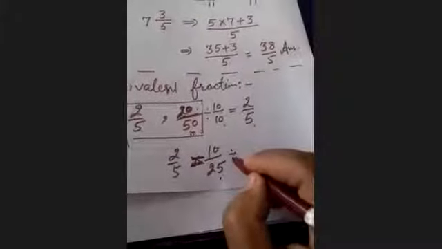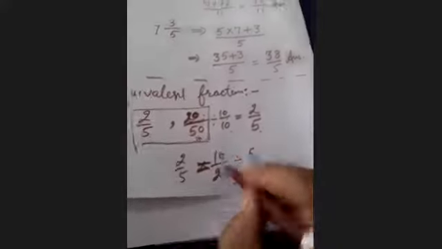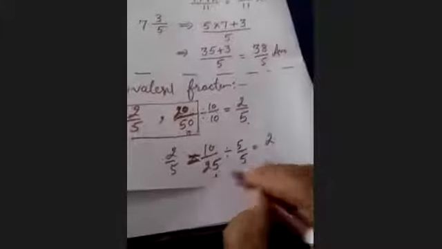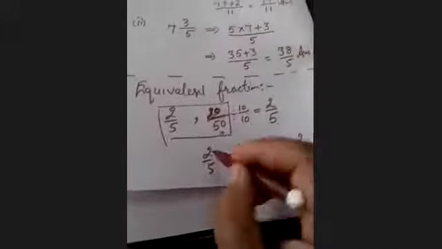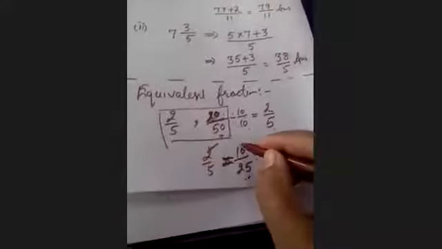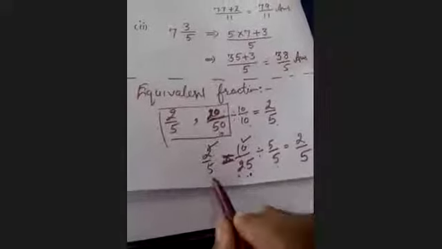So divide the numerator and denominator by 5. Now 10 divided by 5, we get 2. 25 divided by 5, we get 5. So we get the same value. It means 2 upon 5 and 10 upon 25 are both equivalent fractions.